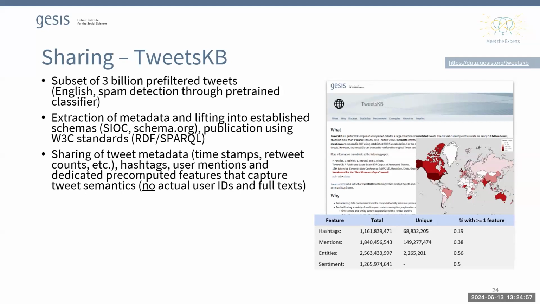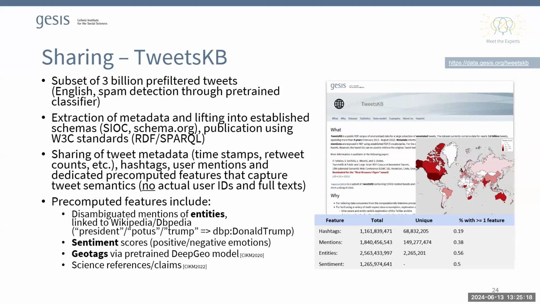Obviously we do not share all the tweet data because of the sensitive information, but we only share the tweet metadata, so when a tweet was created, how many retweets the tweet got, what were the mentioned hashtags and users, and we also annotate pre-computed features that capture some of the semantics, like the entities that were mentioned in the tweet, the sentiment scores, geotags, and some others.